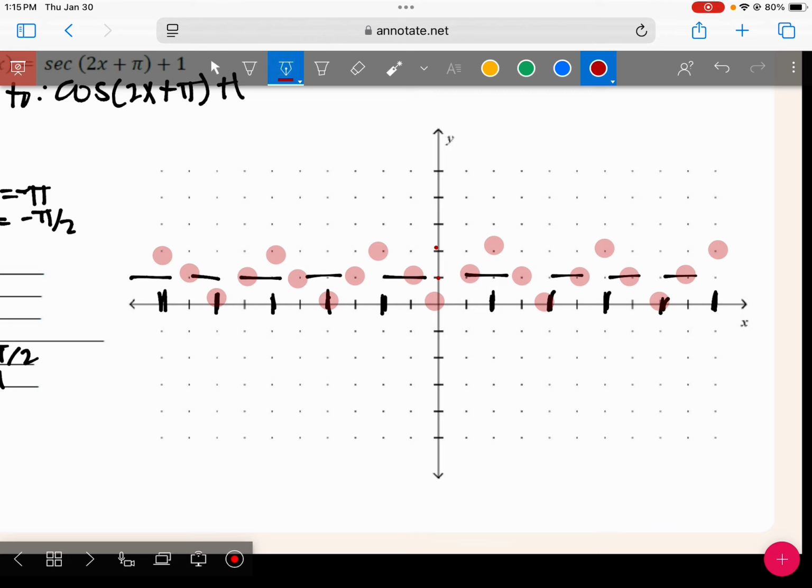Okay. And then what do we do to our midline points? It is the asymptote. So you're going to draw your dotted lines anytime that you have something on the midline.